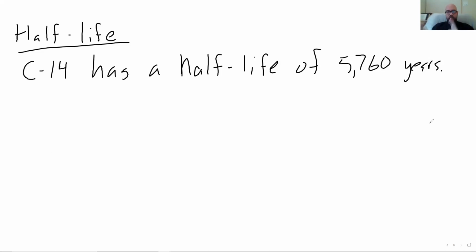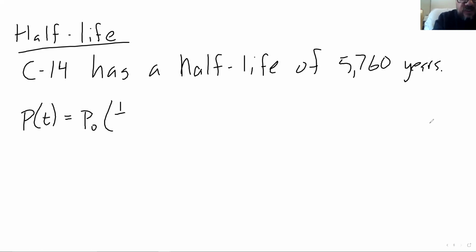So what we can do is this. We can say that the percentage of carbon-14 at time t, the percentage of the original amount at time t, is P0 times, well, every 5,760 years, half of it decays away.